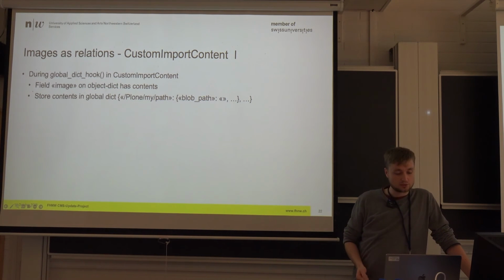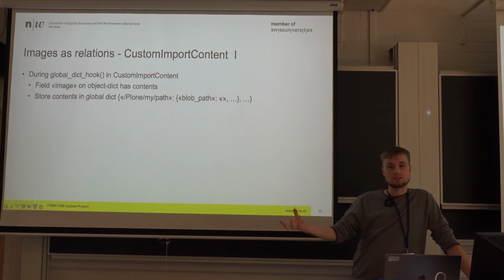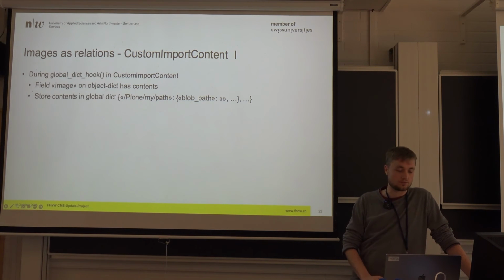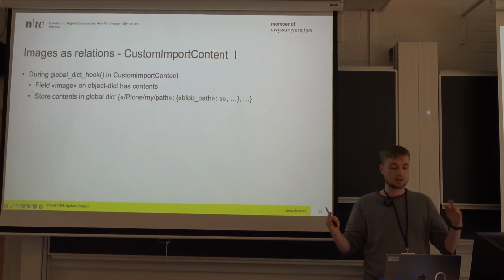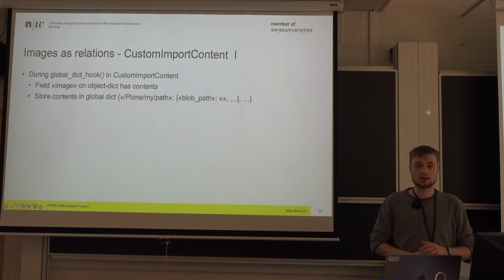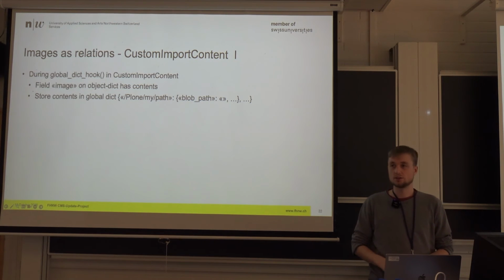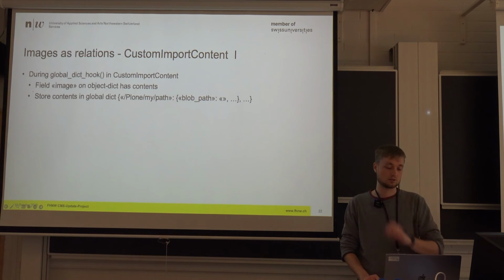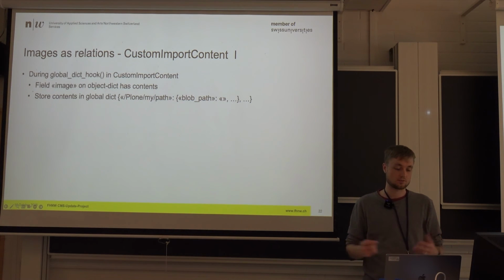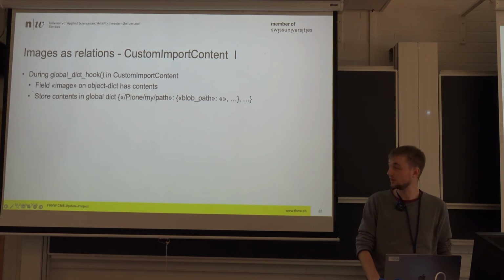In the DigTalk, we just get the image data from the dictionary we have there, and then store it in this global dictionary where we have the path as a key and the image data as value. So we know which page or which object had which image behind it.